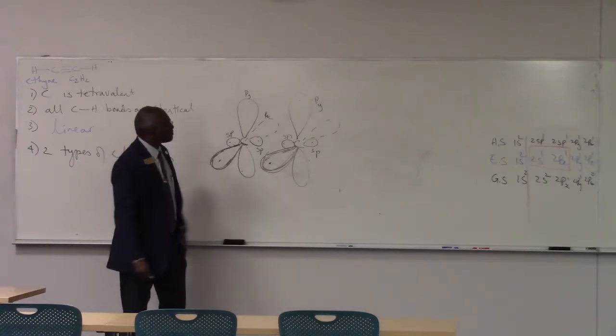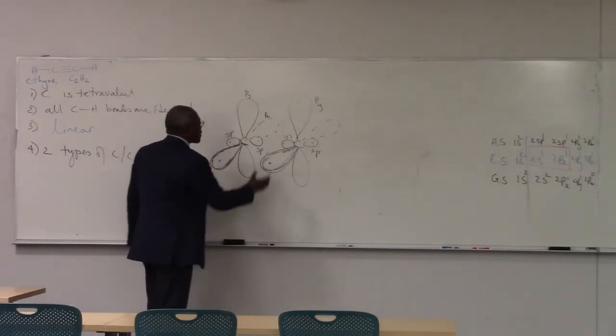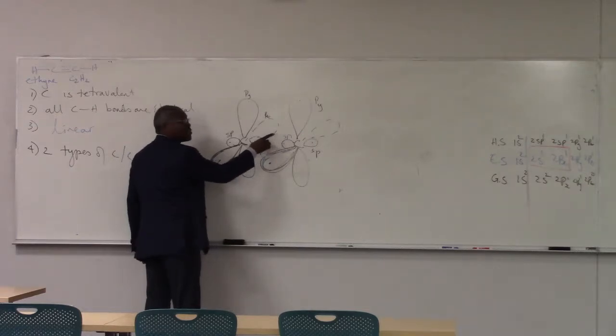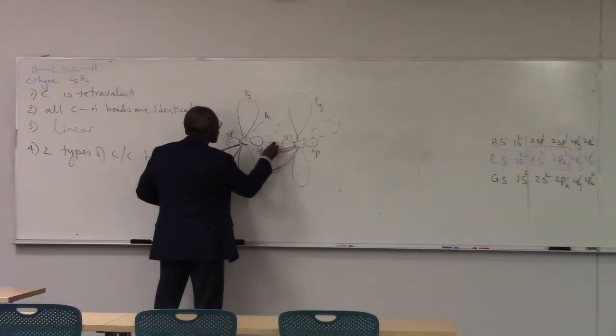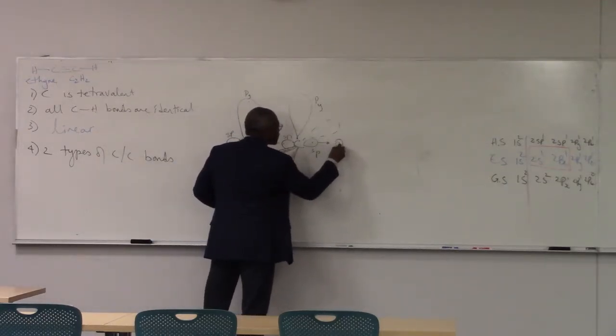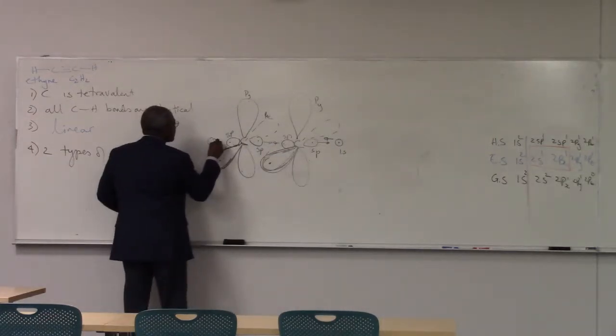So what do I get? As you might imagine, these overlap end on or collinearly. This overlaps with a 1s of a hydrogen with one electron, collinearly. Same thing here.